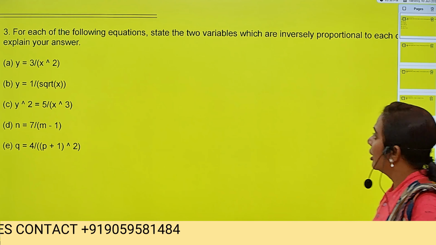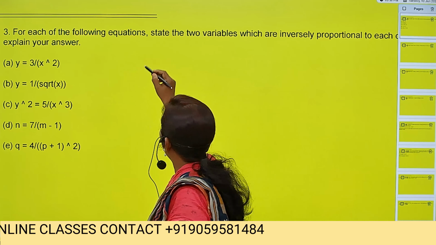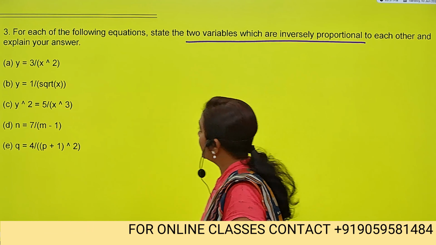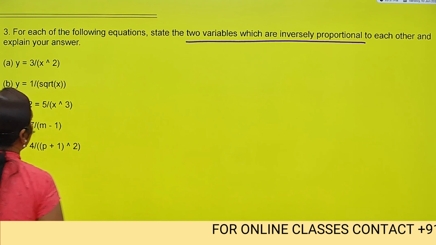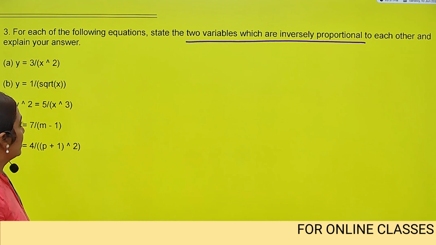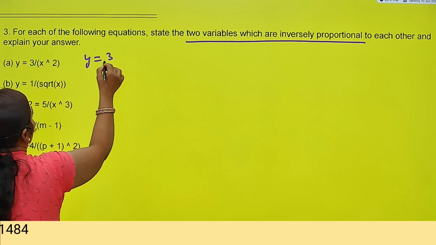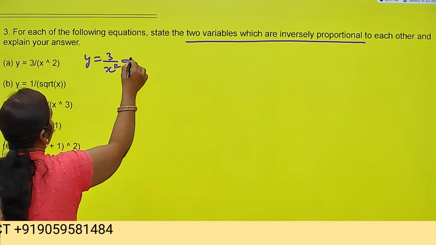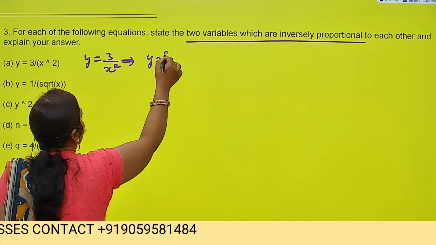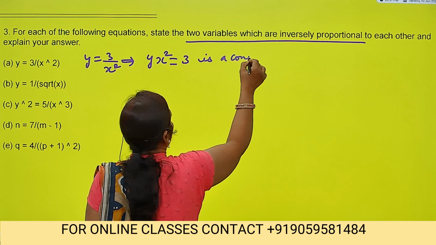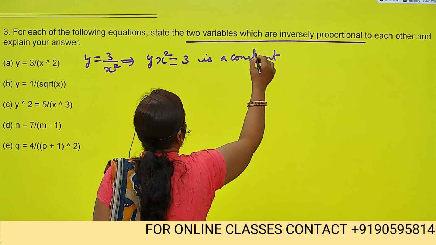Third one. For each of the following equations, state two variables which are inversely proportional to each other. Explain your answer. Here y equals 3 over x square. From this, y x square equals 3, which is a constant.